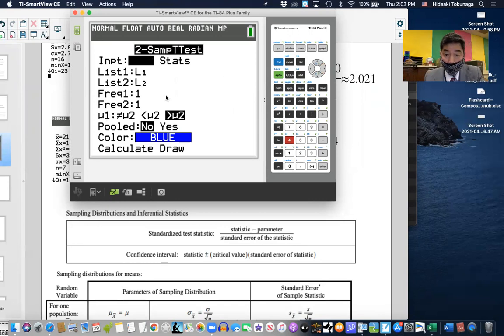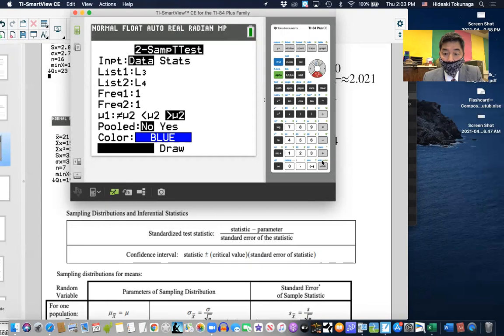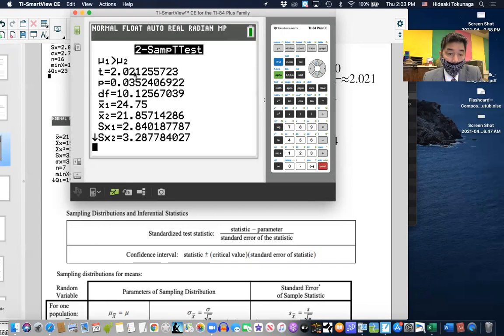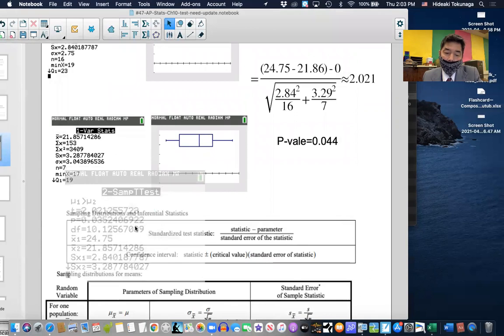So this data is list 3, and I enter list 4. Frequency is 1. Calculate. The t is 2.02, and the p-value is much less than expected, 0.03. The degrees of freedom, the way they count, is 10. It's slightly off from our data, but the conclusion is the same.